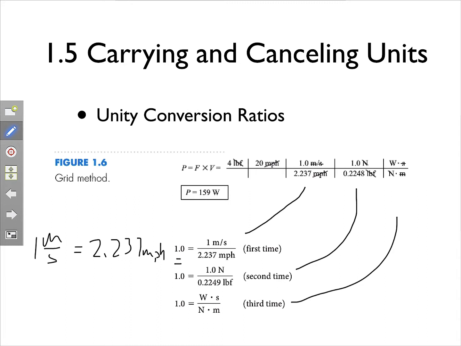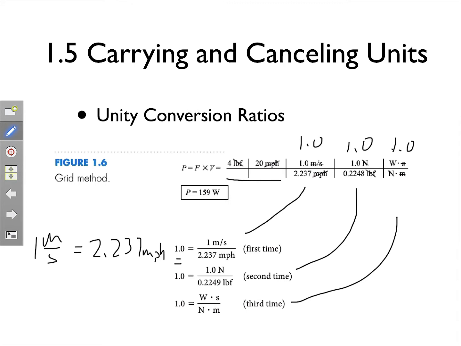And we can multiply 1 by this product, force times velocity, as many times as we need to get the units right, because 1 is not changing the product. So we're not changing the actual thing that we started with, the force times the velocity. We're just multiplying it successively by 1 to convert the units.